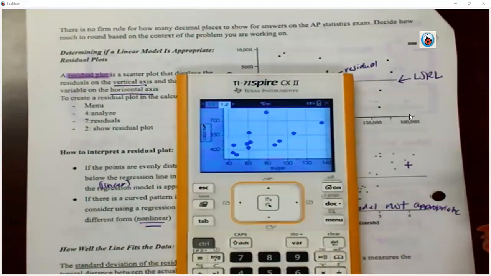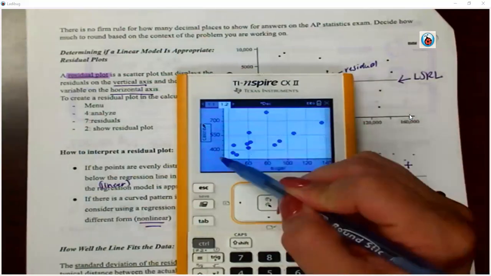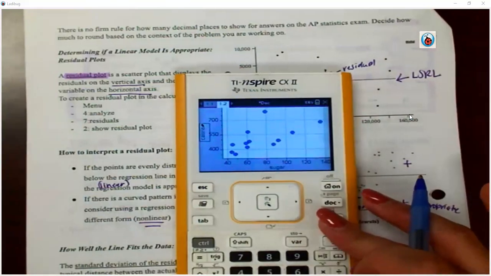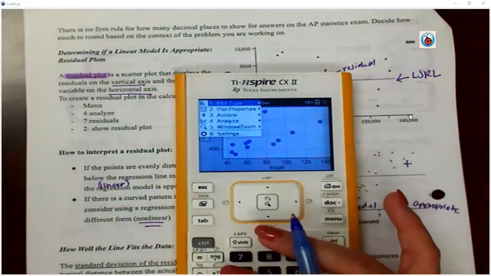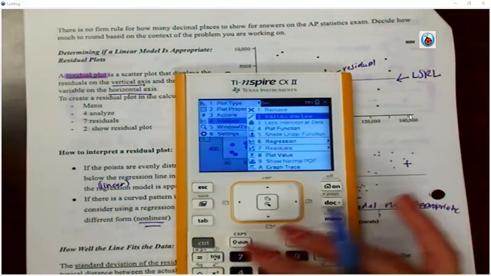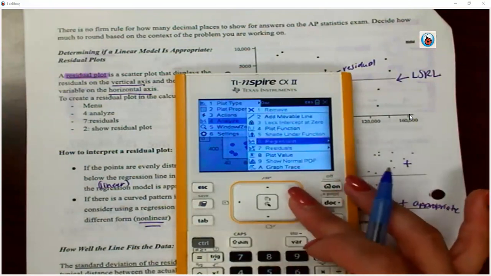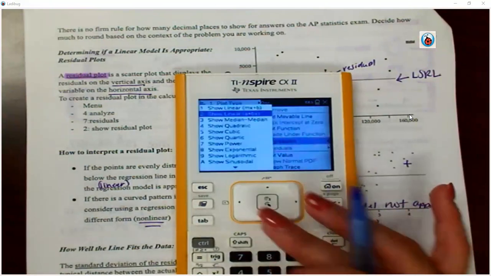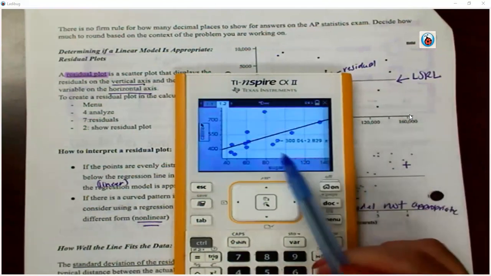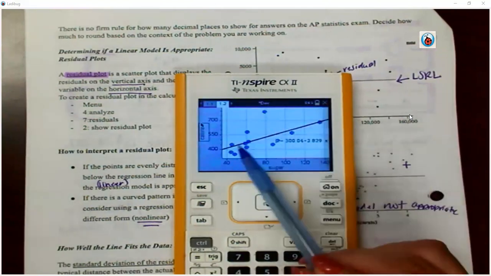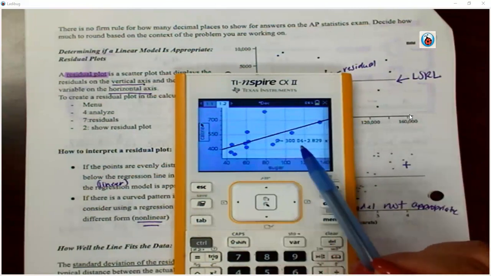From here, if I want to see the least square regression line on here, I'm going to press menu, I believe it's 4, then go to 6 for regression and show linear. Okay, so then you can see there that I now have the least square regression line on this graph.